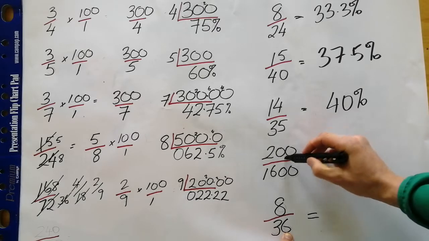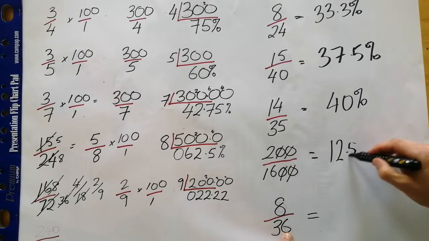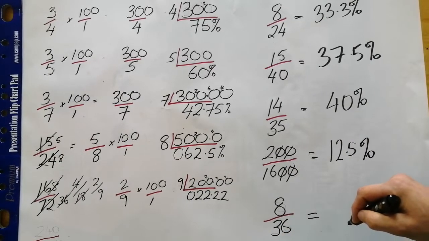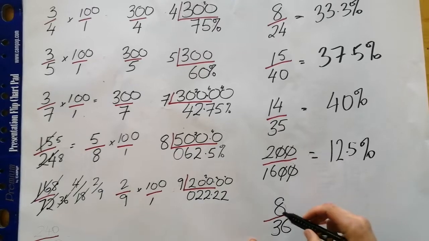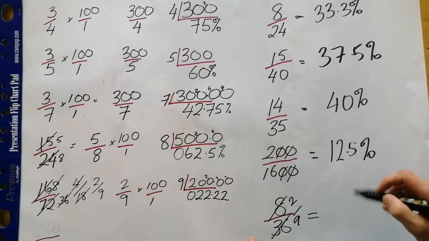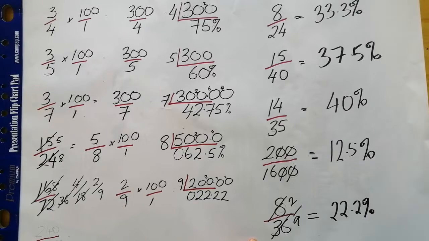That is 1/8, which is 12.5%. And 8/36, okay, we'll go with 4. Oh, 2/9, we had that just here, 22.2%. So that's just the start of it.